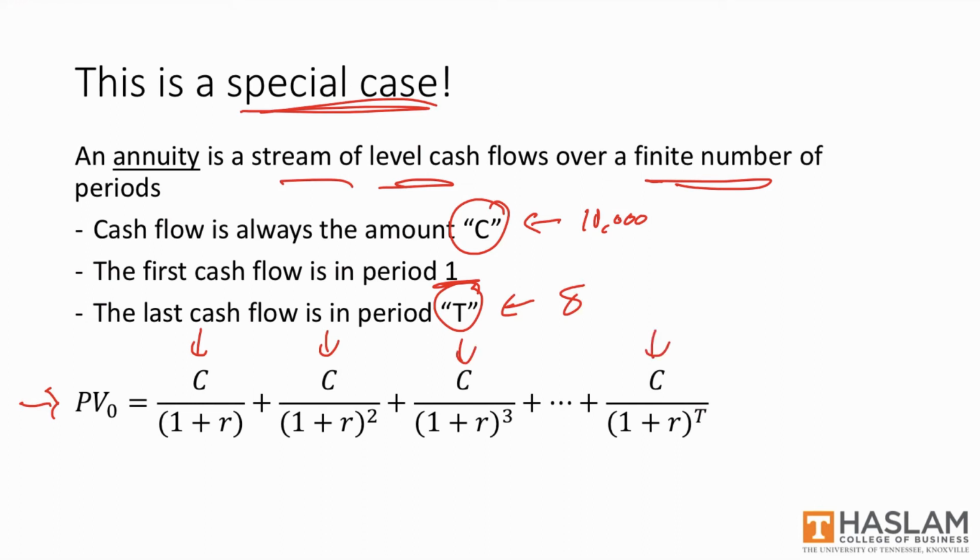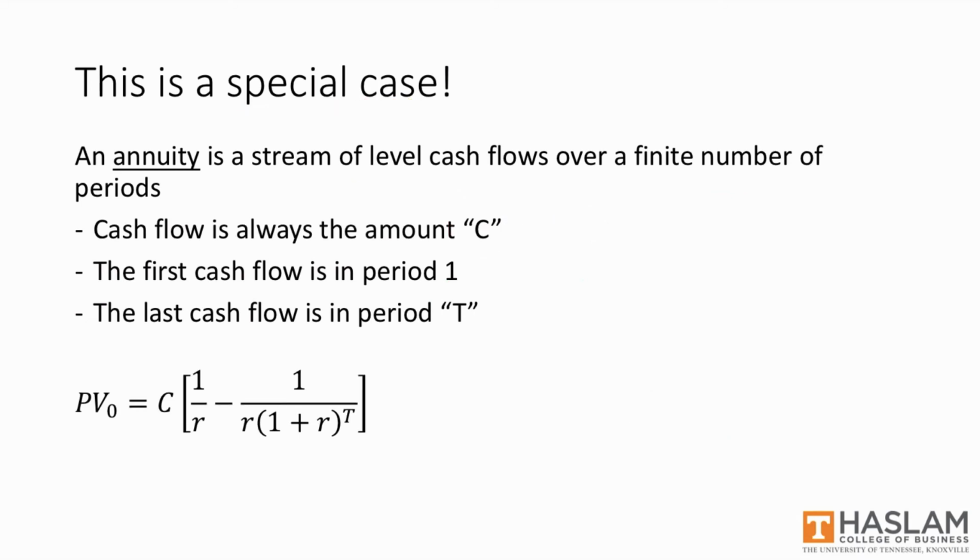And second, note that there are a finite number of terms in this series, and it ends at time T. Now, as with the case of the perpetuity, some additional mathematical properties allow us to simplify further. So the simplified version of this equation is here. Now, a little bit more complex than what we saw with the perpetuity, but still it's a very workable thing.